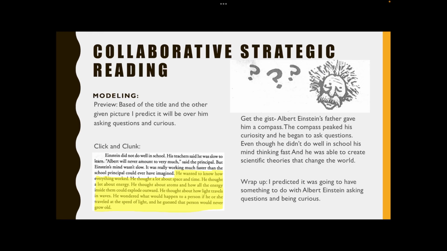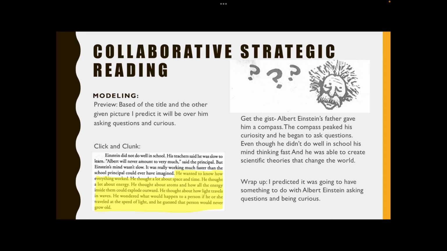All right, so I know there's a lot going on this page right now, but we'll break it down and figure out what we're going to be doing. We looked at the passage Albert Einstein.